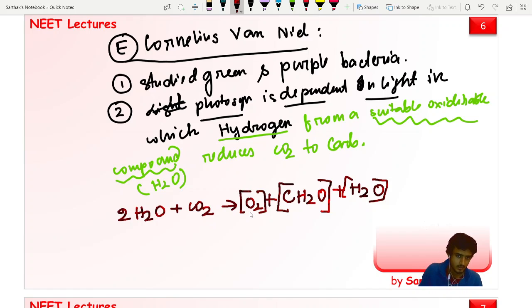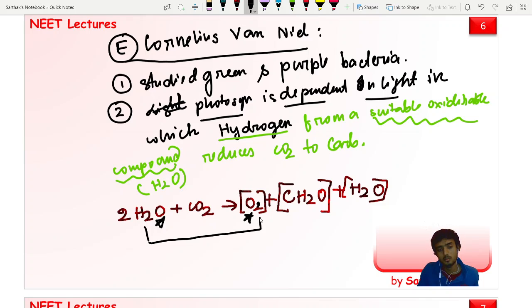Among these, this oxygen molecule is produced from this H2O. That means the oxygen of this H2O is present in the O2 which is evolved in this reaction.